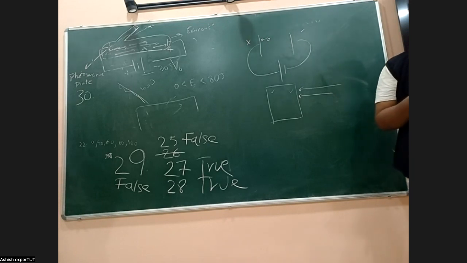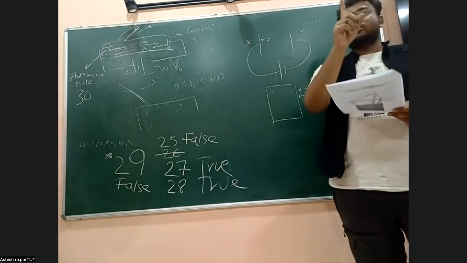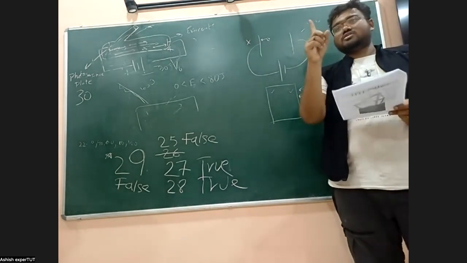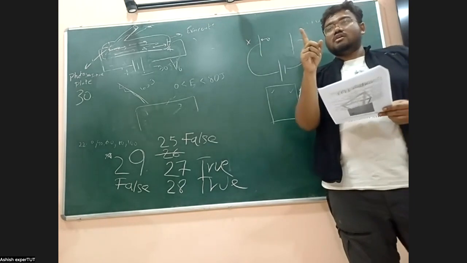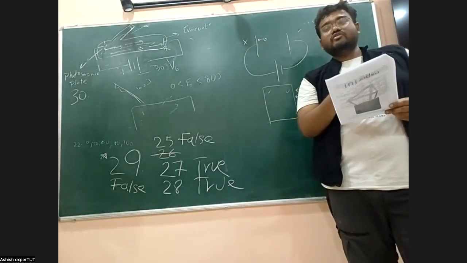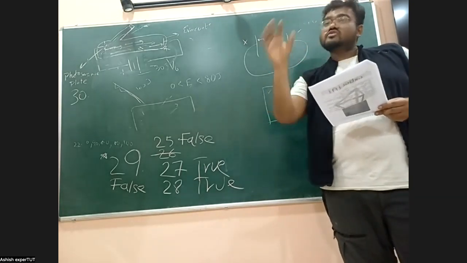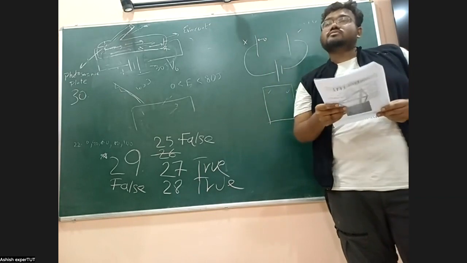If you increase the frequency, one photon knocks out one electron. When increasing the frequency of incident radiation, are you increasing the number of photons falling or the energy of each photon?